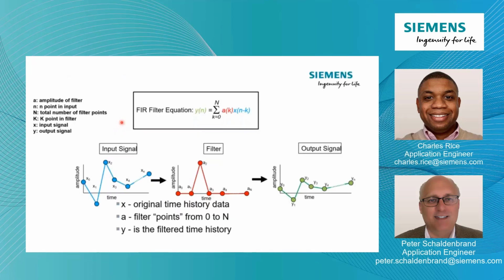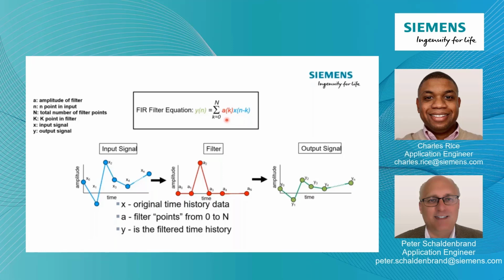So this is the FIR filter equation. This equation has basically three components. There is the input time history here, and this lowercase n represents the total number of data points in the time history.